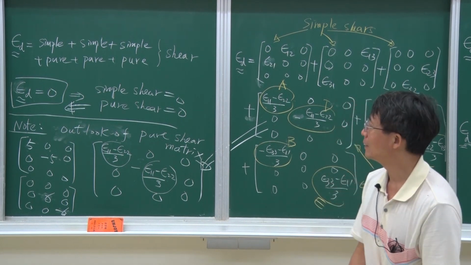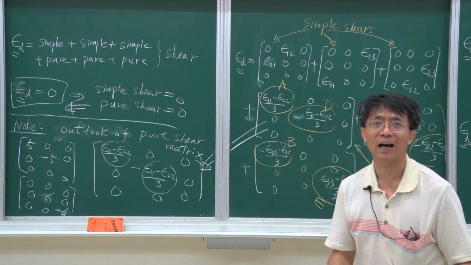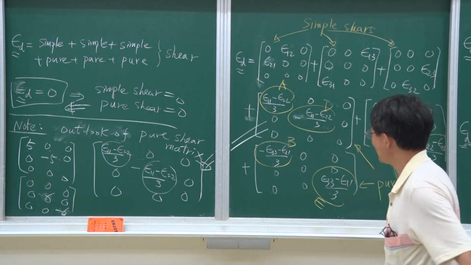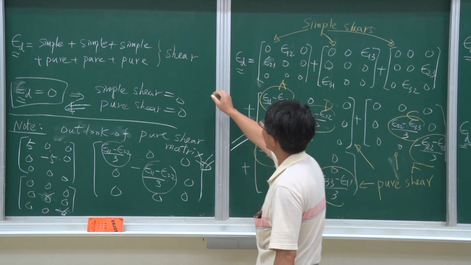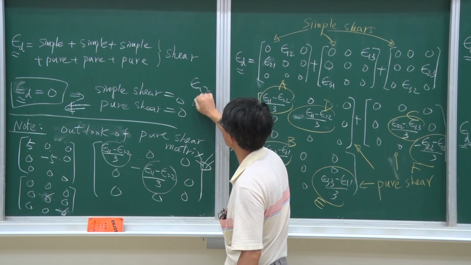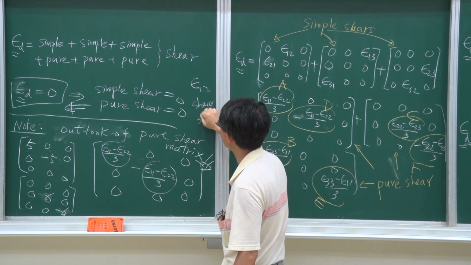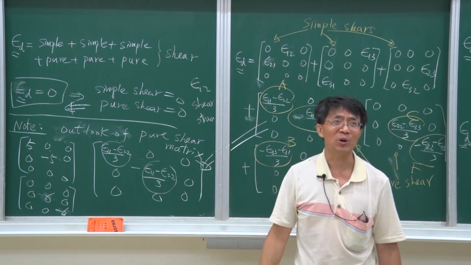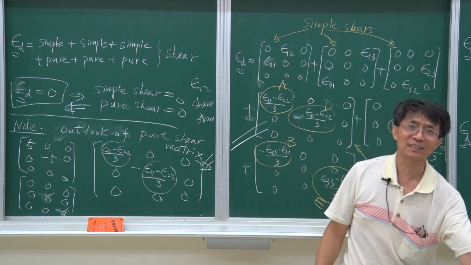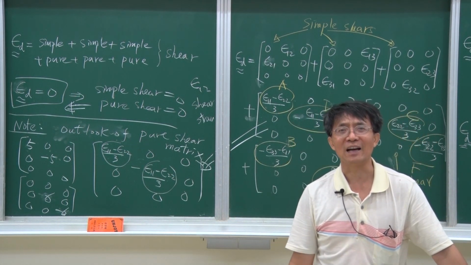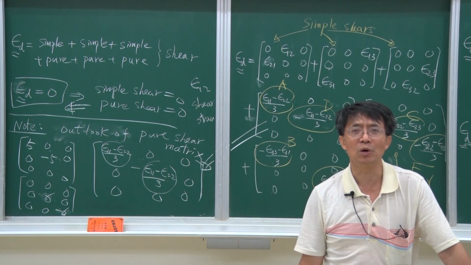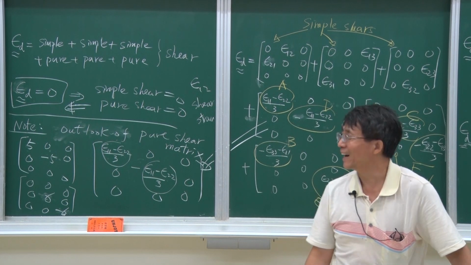Remember, after this class, don't tell your friends that absolute 1, 2 is the shear strain, or it is wrong. But we are living in a crazy world. So even me, sometimes I just adjust myself to the world I'm living in.